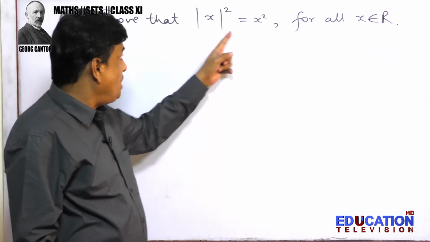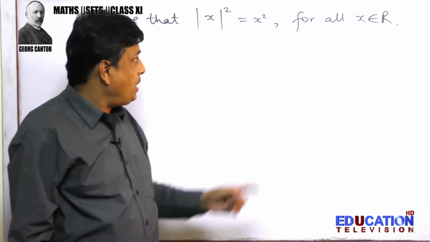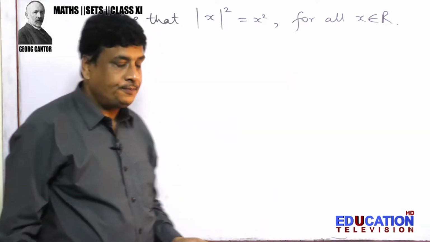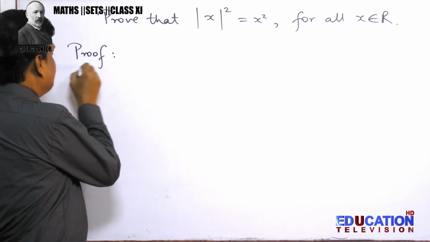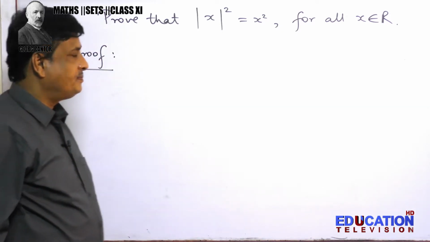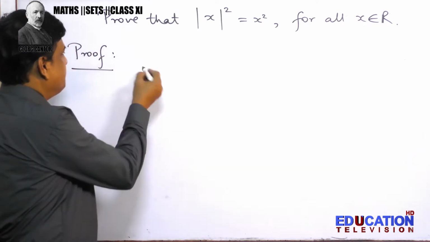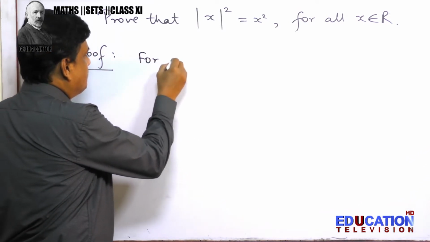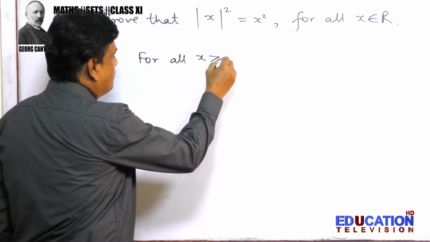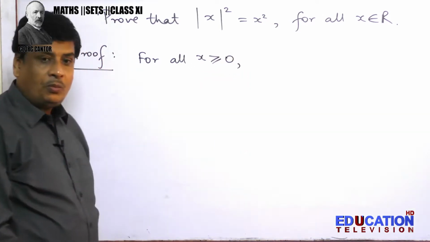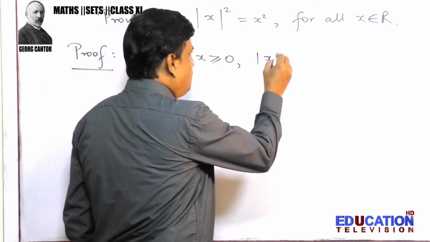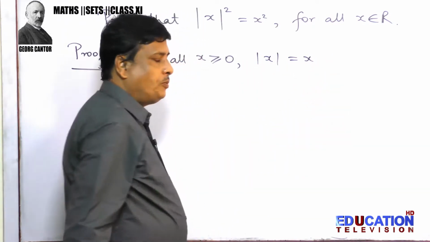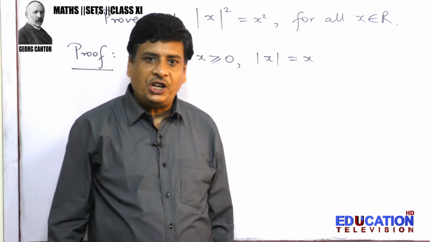The square of modulus x is equal to x square for all x belonging to R. For all x greater or equal to 0, modulus x is equal to x by the definition of modulus of a real number.